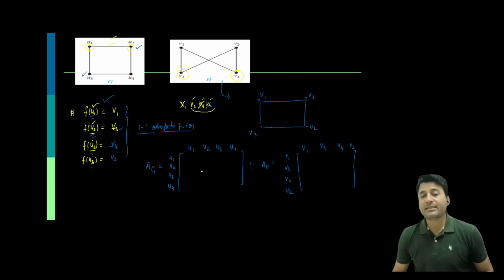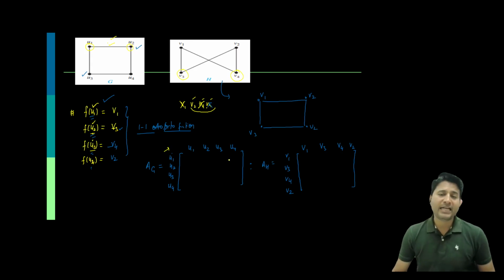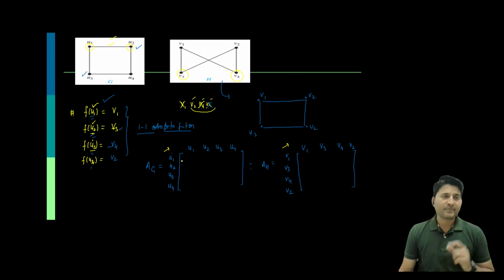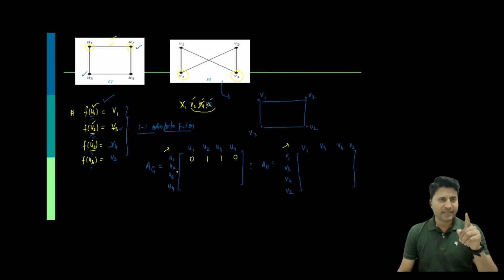Now let us write the entries of the matrix. I hope you know how to make an adjacency matrix. If there is an edge between a pair of vertices, it will be 1. If no edge, it will be 0. So U1 is connected to U2, U3. U2 in the first graph is connected to 1 and 4.